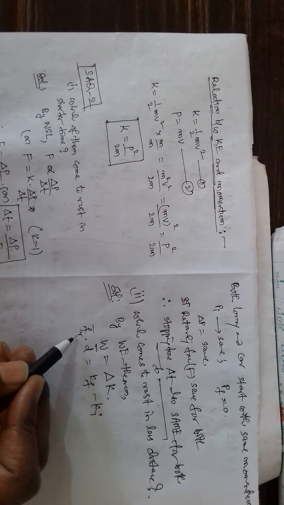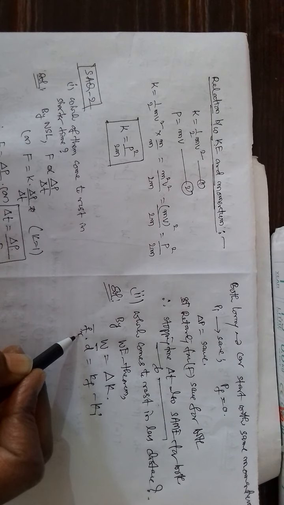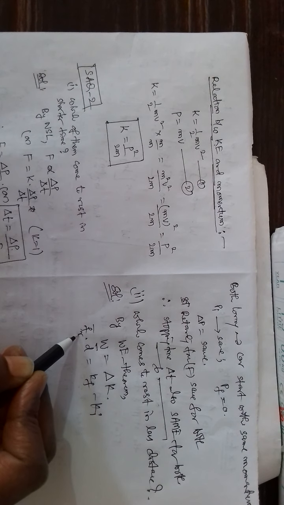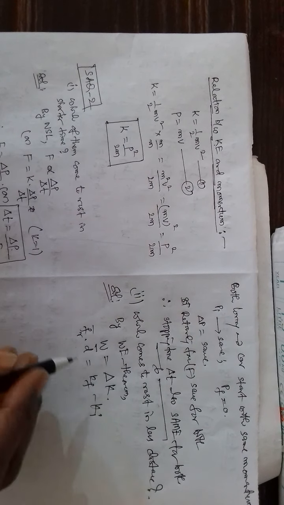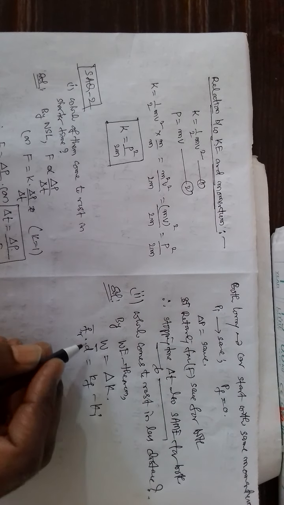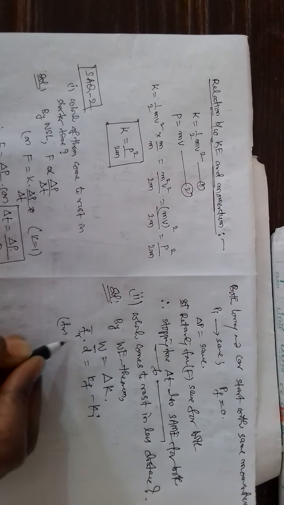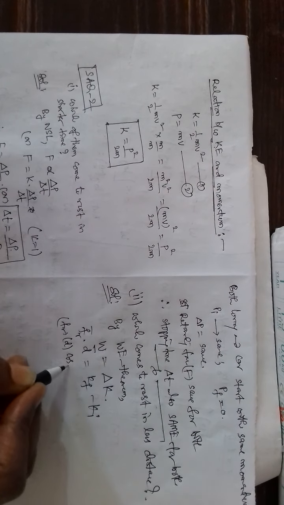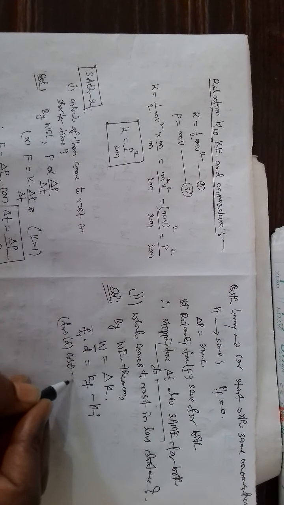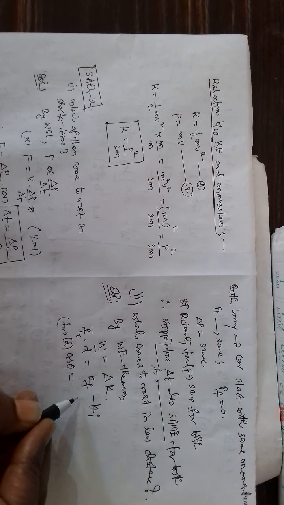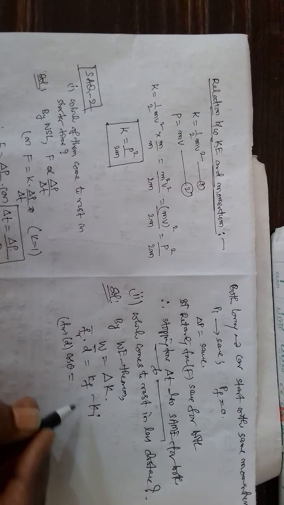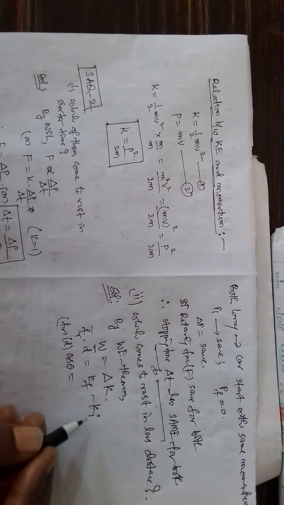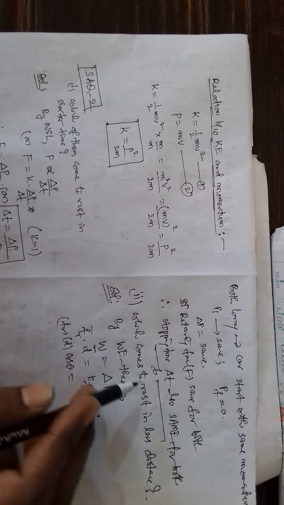Here Fr means retarding force. You are applying brakes. The brakes exert some retarding force. So this can be written as Fr d cos theta is equal to Kf minus Ki. Finally it is coming to rest.